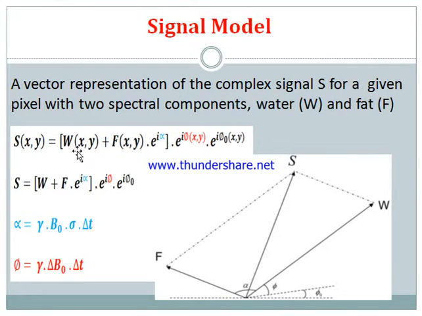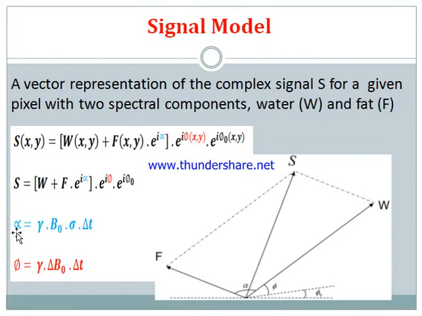We can see that water, fat, P and P0 are position dependent, but for simplicity we can drop these and the equation will look like this. And this is the vector representation of the system that we are imaging. It consists of fat and water, and alpha is the phase difference between them.